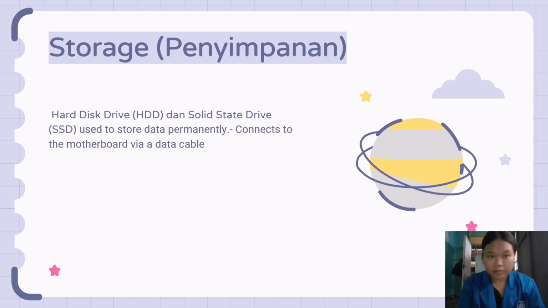Next, memory storage, or penyimpanan: hard disk drive or HDD, and solid state drive or SSD, used to store data permanently and connected to the motherboard via a data cable.